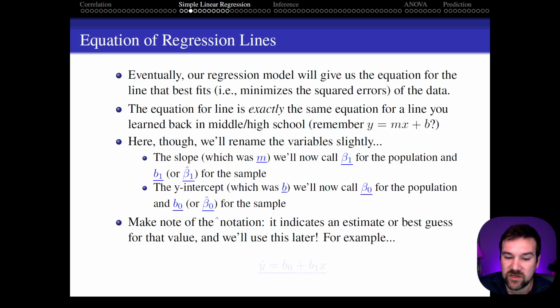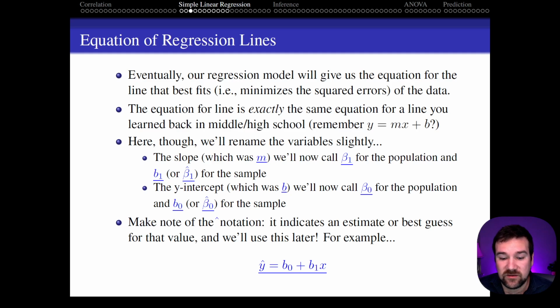I mentioned the hat notation already, but do make a note of it. It indicates, again, an estimate or best guess for that value. So beta 0 hat is the sample best guess for beta 0. And I'm going to keep using that. So for example, a quick example of how I'm going to use it, we're not going to talk in detail about the equation, we'll talk about it in a second, but y hat equals b0 plus b1x. So that is the best guess for y.